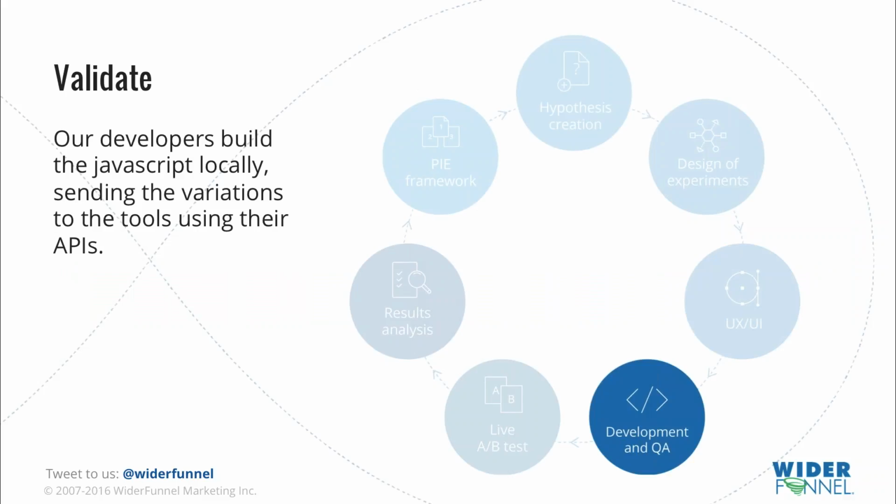Our developers have really advanced systems for making sure that we have high quality of code. We don't even use the testing tools' WYSIWYG editors. Our developers actually have built a lot of pipes straight into using their APIs into all of the major testing tools. They develop the code locally, and it's fed straight into the testing tools, and it's QA'd here.